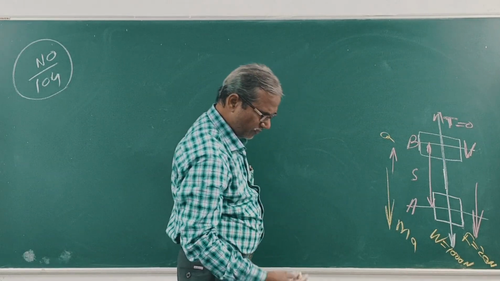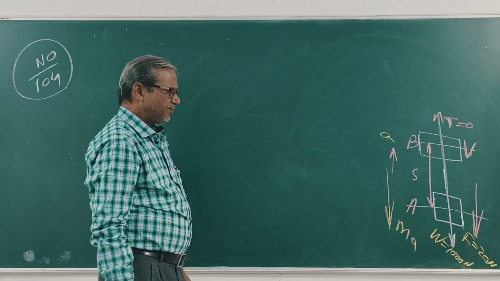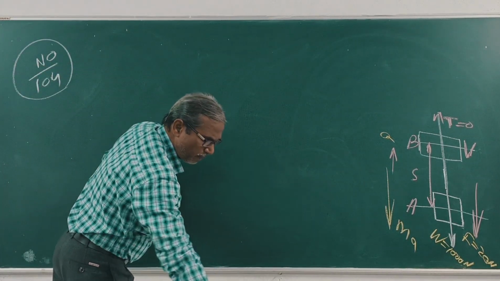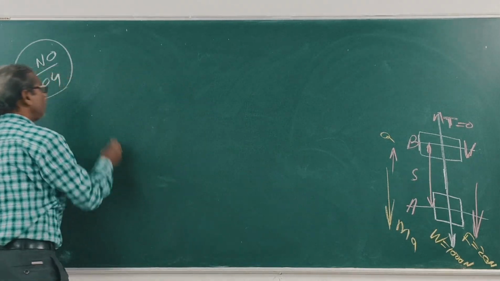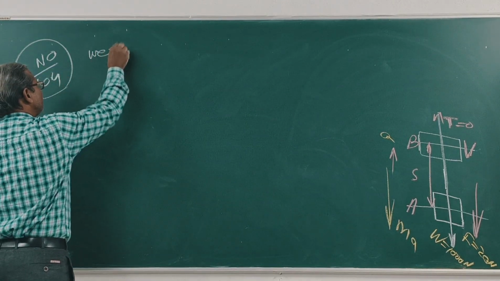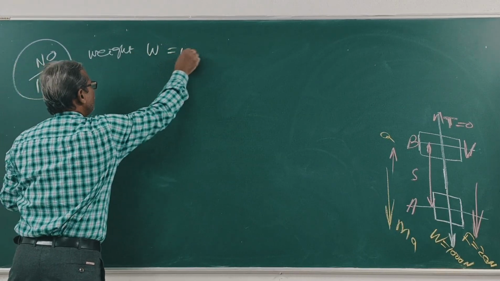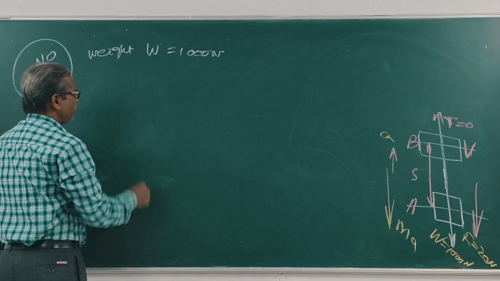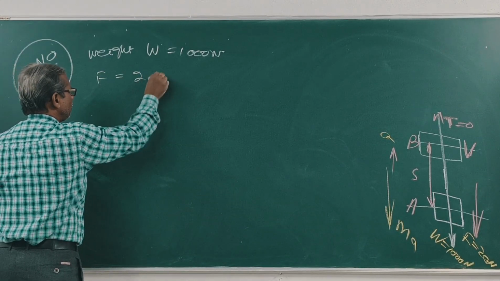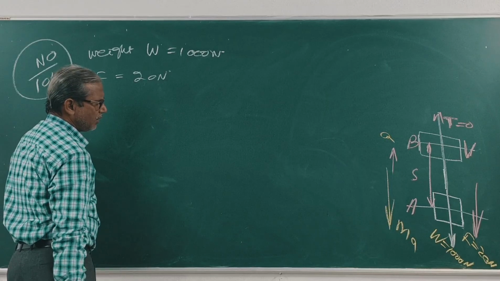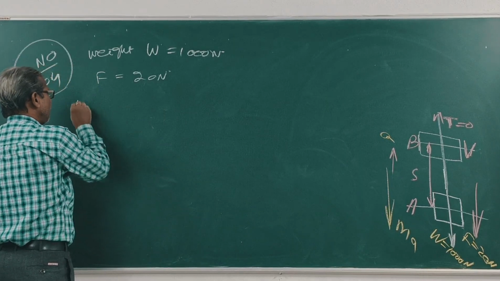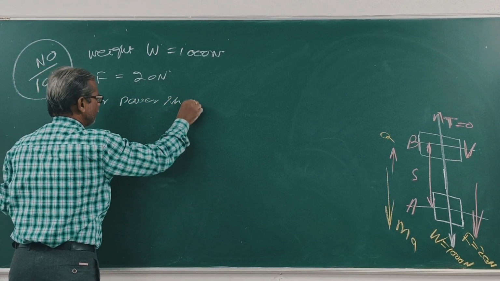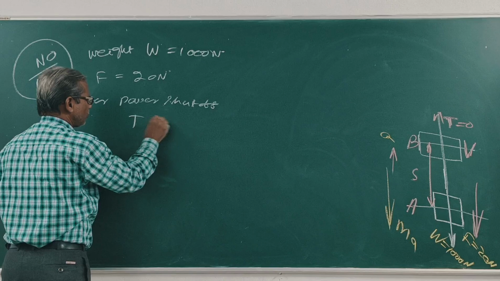The weight of the elevator W is 1000 Newton. Clear? Frictional force F is equal to 20 Newton. After power shut off, T is equal to 0. Clear?